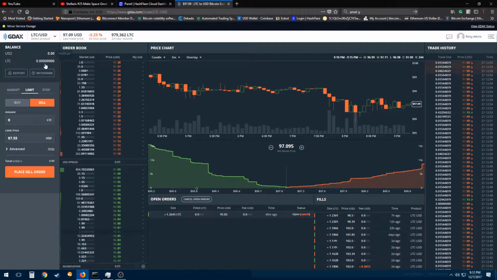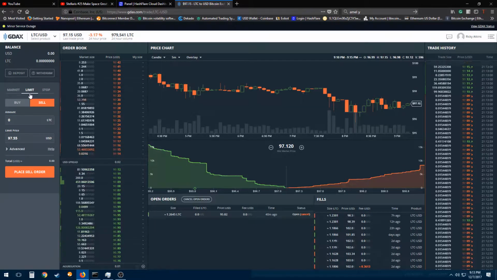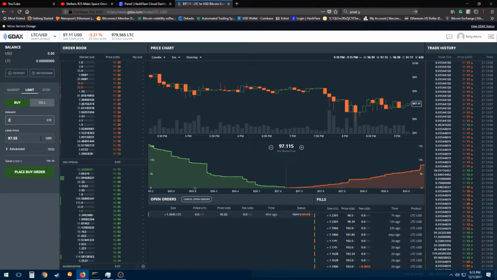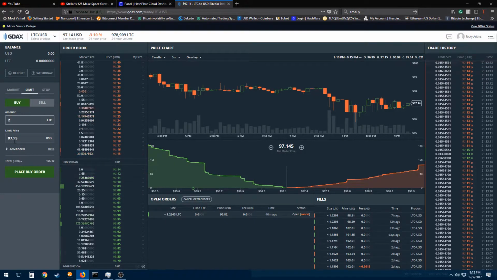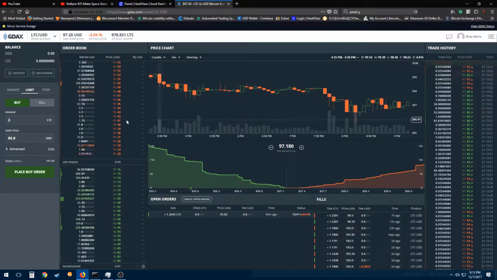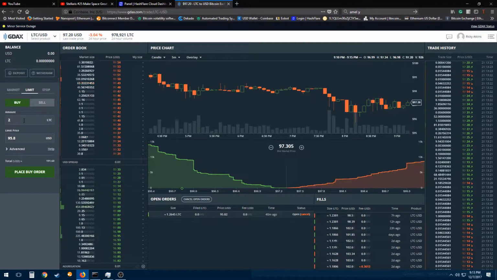So my suggestion is, you can see here, I wish this order would go through so I could show you, but if I'm buying, let's say I'm buying 2 Litecoin. It'd be 195.10 right now if I'm buying at 97, but let's price it at this right here. 95.80 is where we was going to buy in, so I'll do it this way just to show you. 95.85, hit enter.